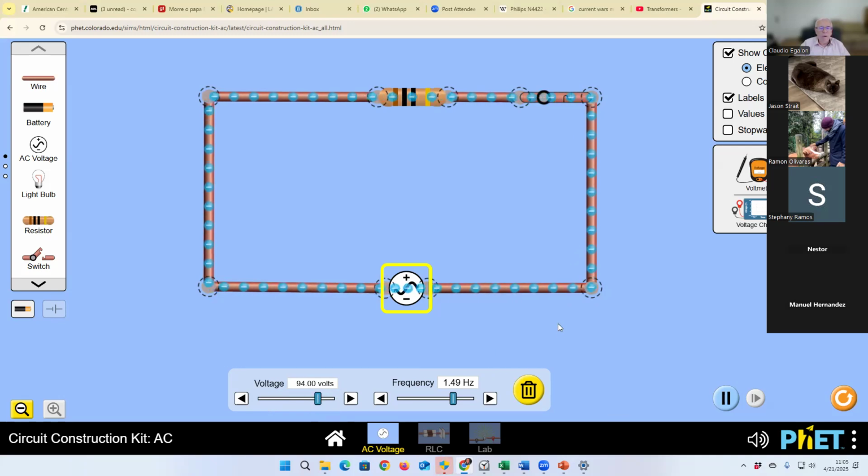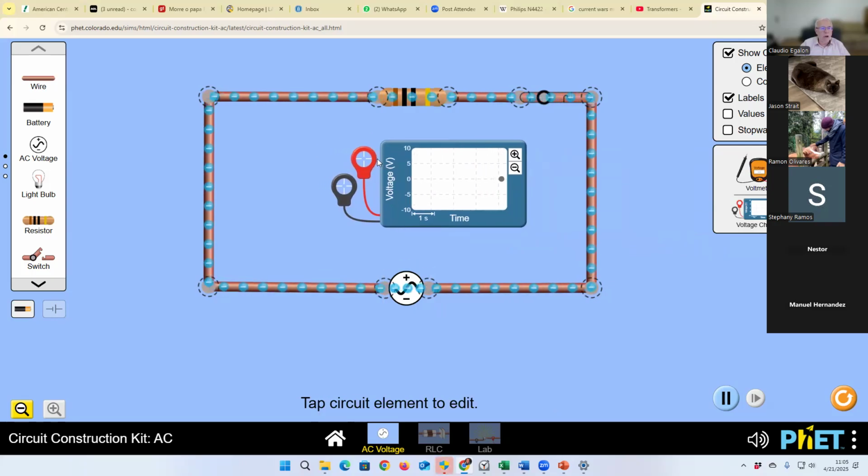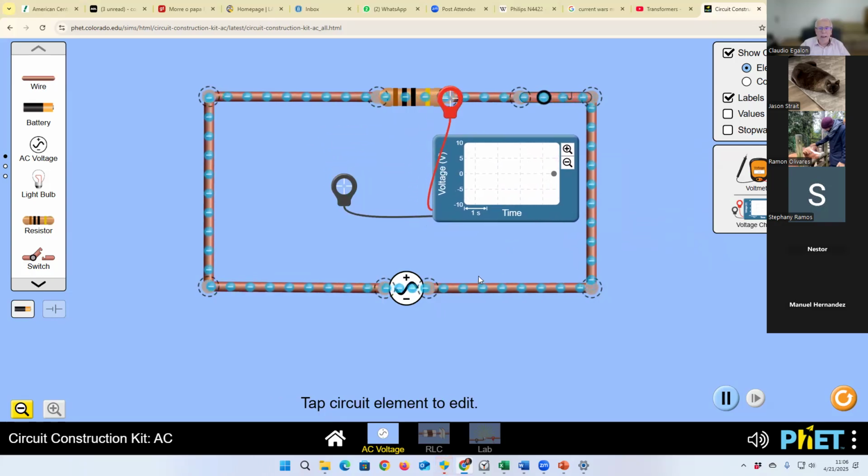And now we can come up with the voltage chart. I can connect this. It's like a multimeter, but a fancier multimeter. We call it an oscilloscope.